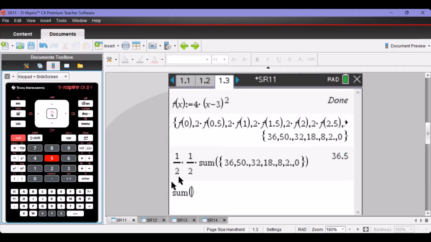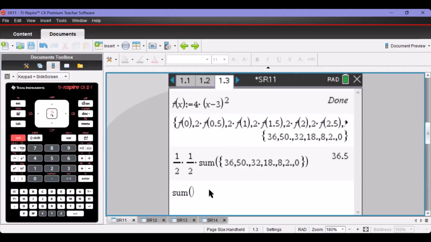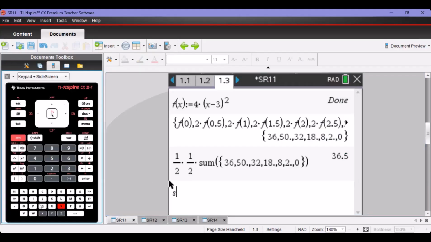And then basically what you would do is, if I just quickly spell SUM, you can also do that on your keypad, and open bracket there.